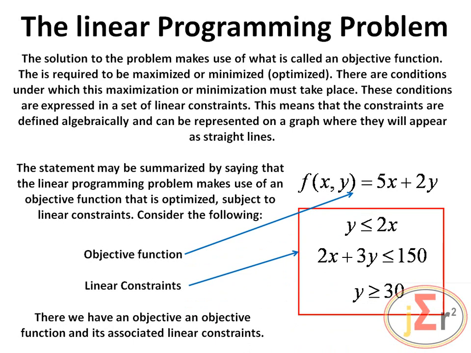So we have our objective function right here, and we have a set of linear constraints. And we are, of course, going to maximize in this particular case this objective function subject to the conditions that are laid out by these linear constraints.